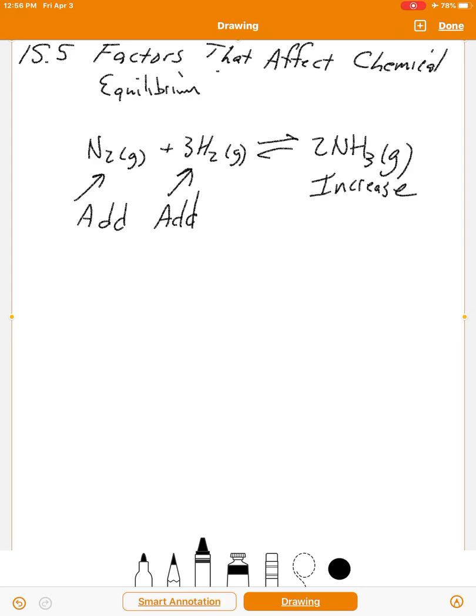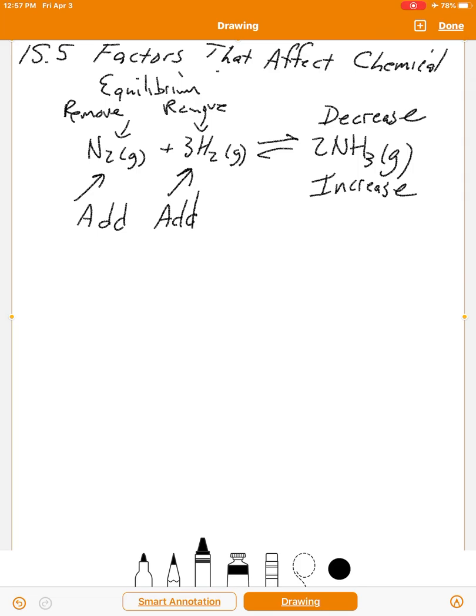Now, the opposite of that would be, well, what would happen if you remove either of these, either or both? I'm talking about the reactants. Well, it's the opposite. If adding more of them increases the product, removing them will reduce the amount of product because the equilibrium will shift back to the left. So this will have a result of decreasing the amount of the product.